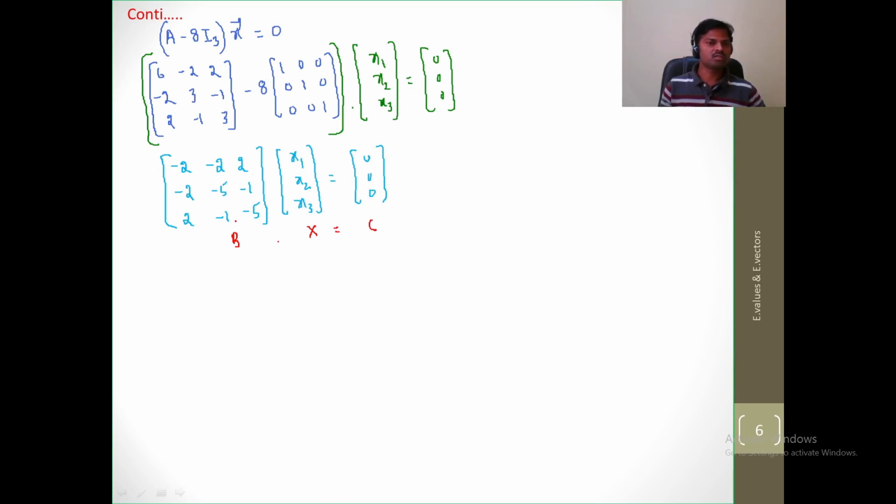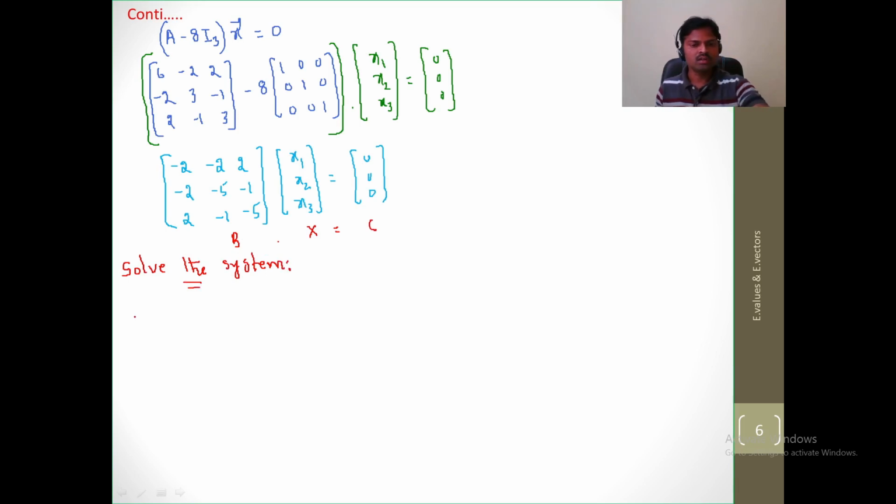Now let us solve the system of linear equations to find the unknown eigenvector. Solving the system gives you the unknowns x1, x2, x3, which are nothing but the eigenvector.